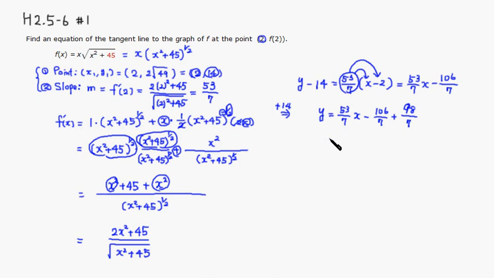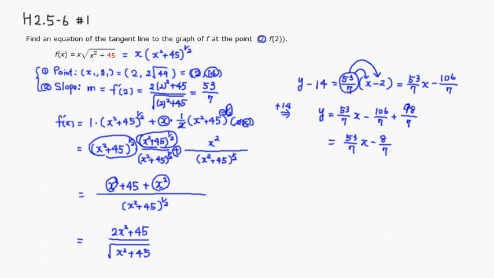So y is equal to 53 over 7 x, minus, let's see, 106 minus 98 is 8, so negative 8 over 7.